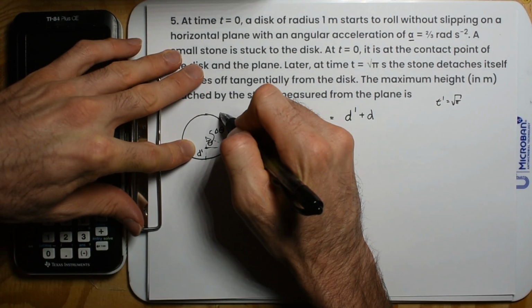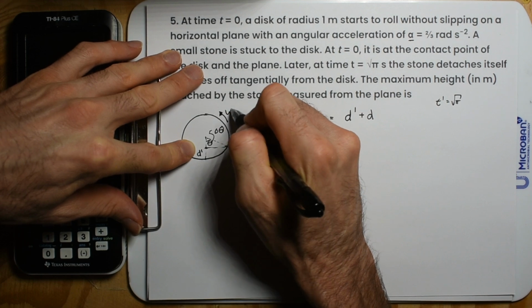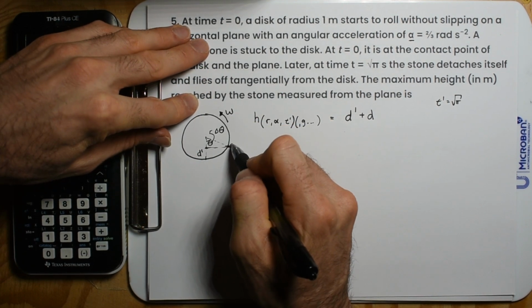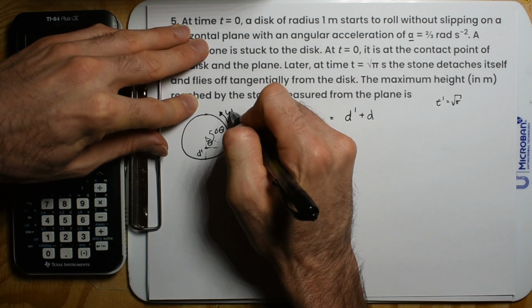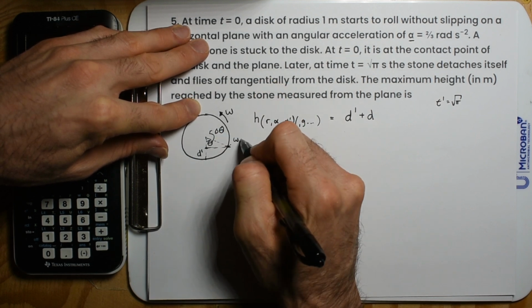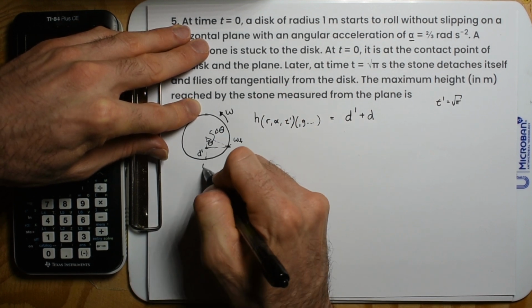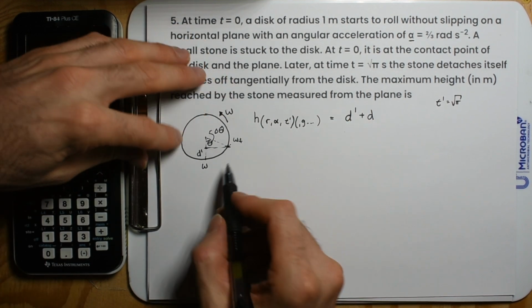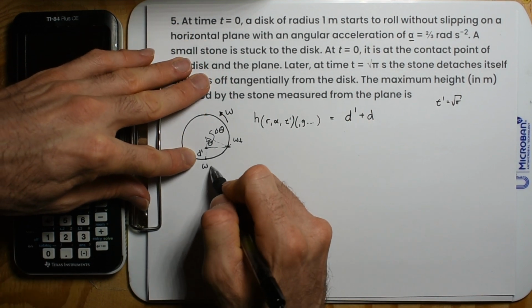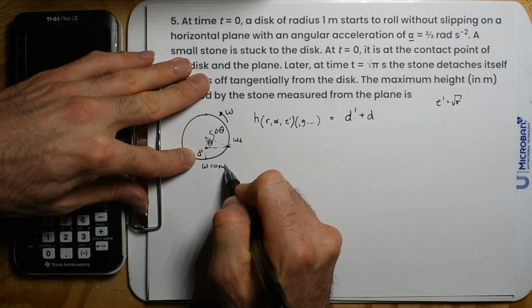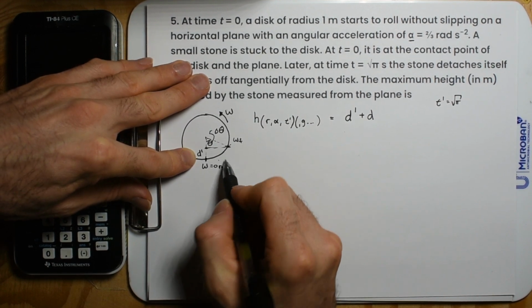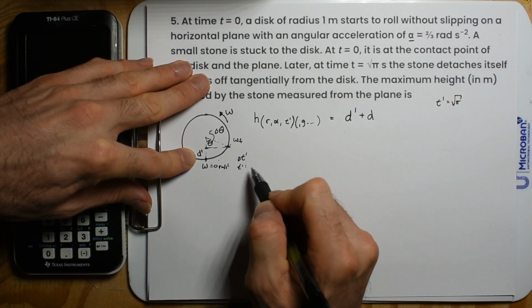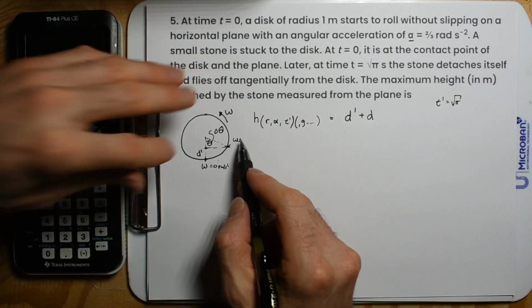At the point that it detaches, we'll have the final angular velocity. We start with an initial velocity of 0 radians per second, and over the course of our change in t prime, or just t prime, we increase.